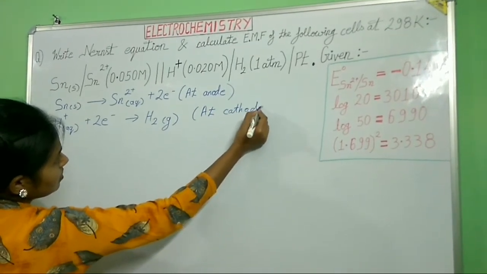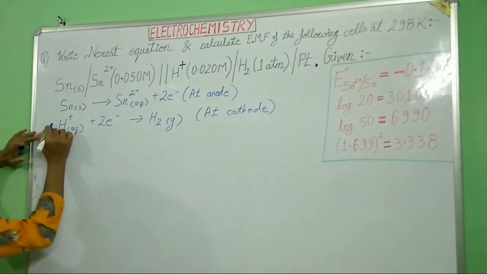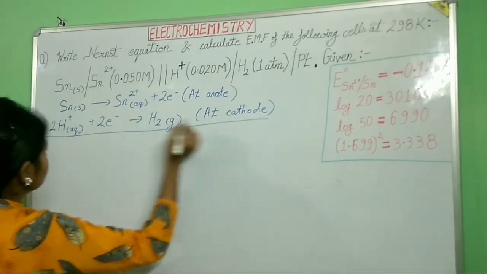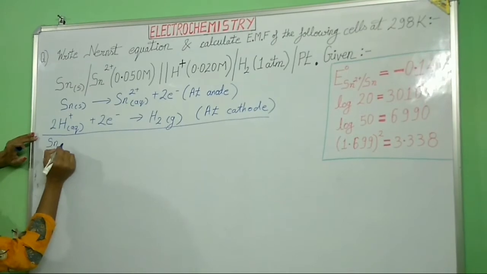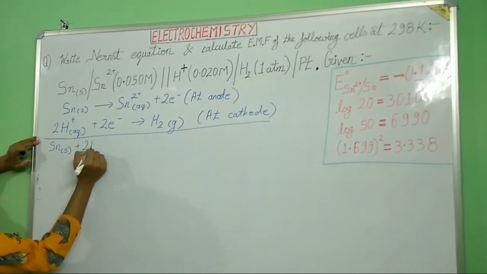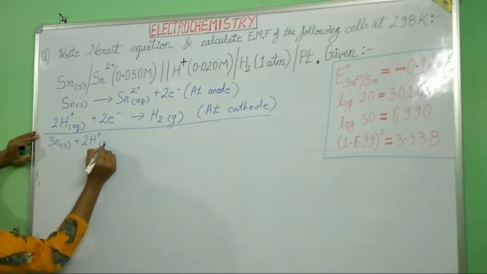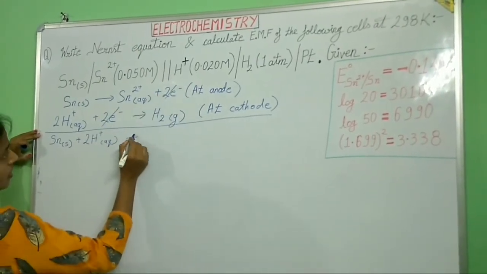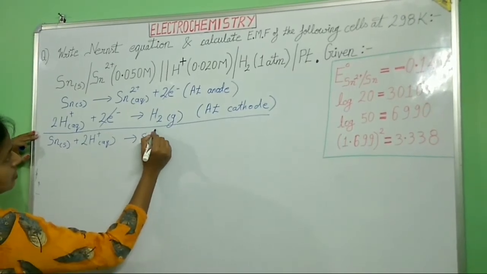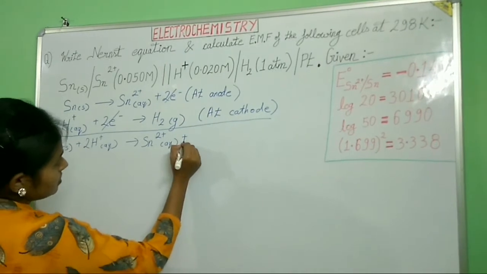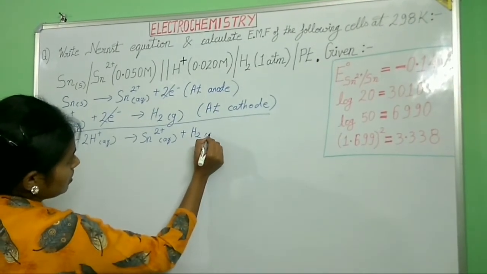Okay. As 2 is here, so 2H plus aqueous. So what will be the overall reaction? Sn solid plus 2H plus aqueous. Two electrons will cancel, and we get Sn2 plus aqueous plus H2 gas.